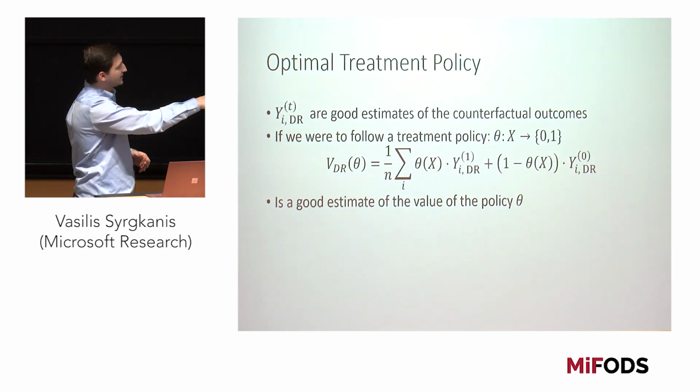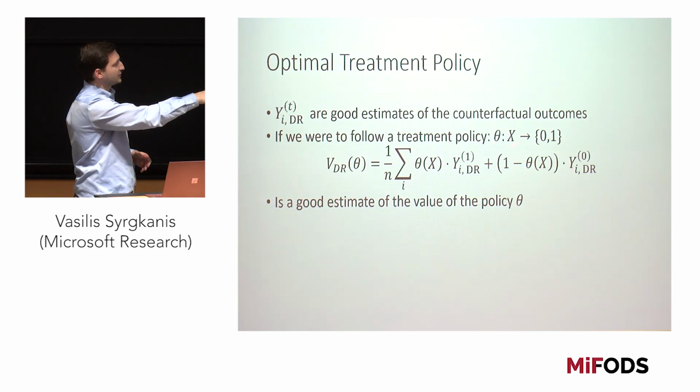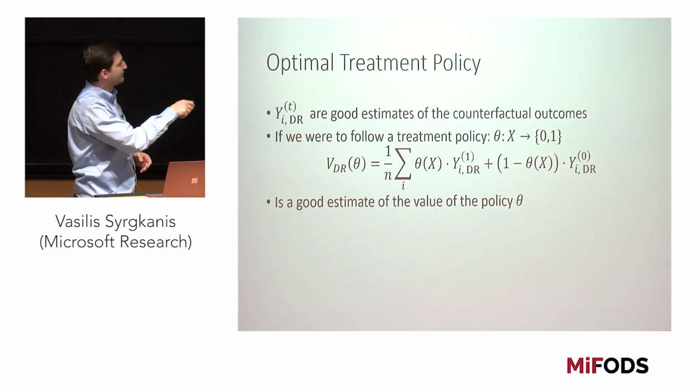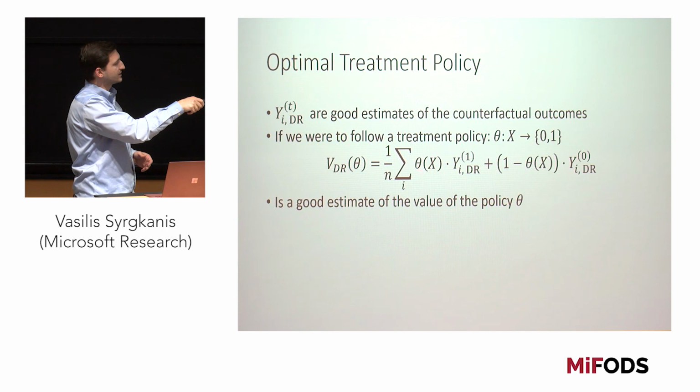So now theta is not a model of the heterogeneous effect. Theta is a policy that maps the features to an indicator of whether I treat or don't treat. And the value for any such policy theta is: take an average over your population of, if you treat that sample, then you collect the counterfactual outcome from the treatment.